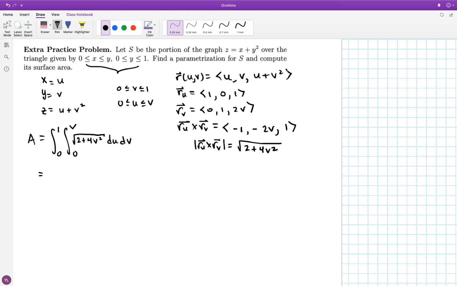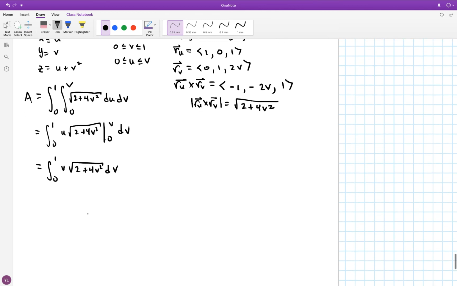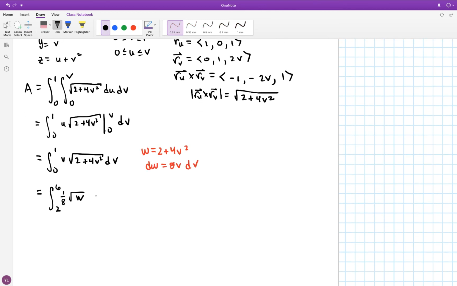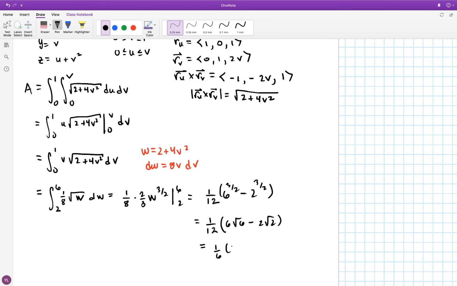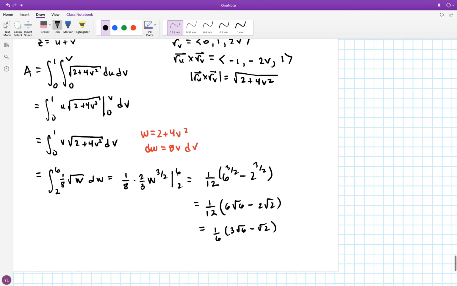If you take a look at this integrand, I wouldn't want to integrate with respect to v first necessarily. U is a little bit easier. So you see now all I need to do is a substitution to compute this integral. Okay, that looks pretty good.